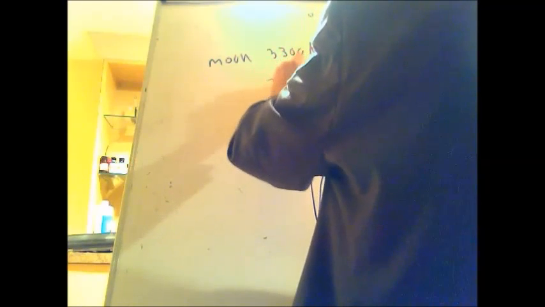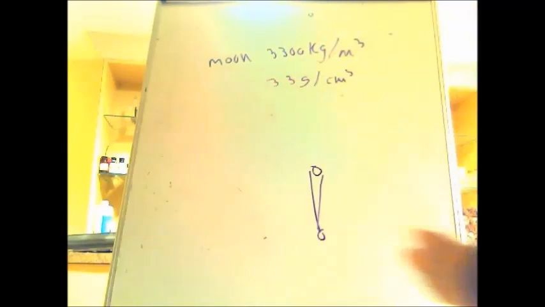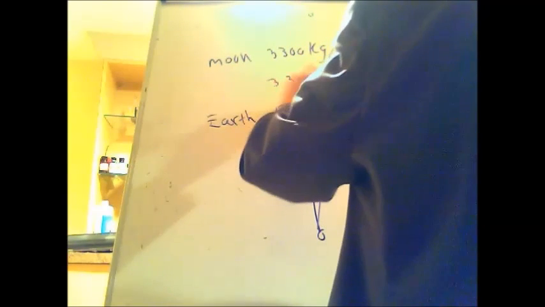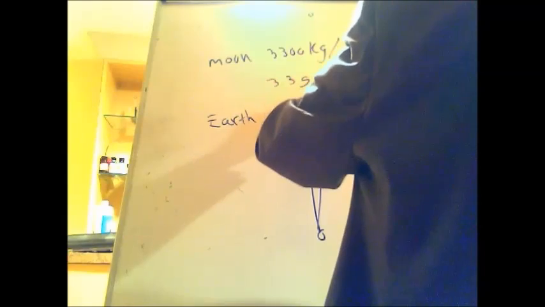The moon's average density is 3,300 kilograms per cubic meter. That comes out to about 3.3 grams per cubic centimeter. And for the Earth, that average value is around 5,500, or 5.5 grams per cubic centimeter.